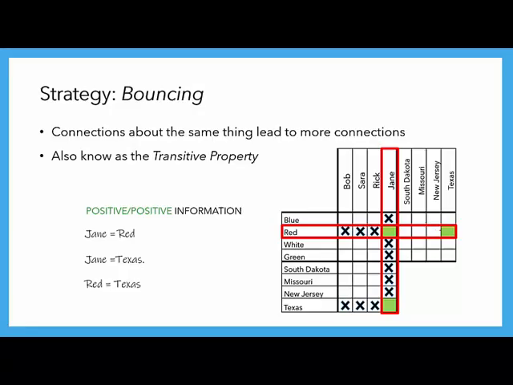So notice it didn't just go in any of these boxes, right? This one started with Texas, led us to red, and red led us back to Texas. So when you get really good at these, you don't even think of the common sense or the logic behind it. You just see it in the picture and you do it. But obviously from the clues, you can also just read it and understand that those would have to be connected.